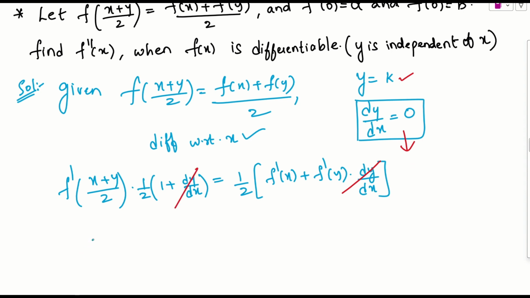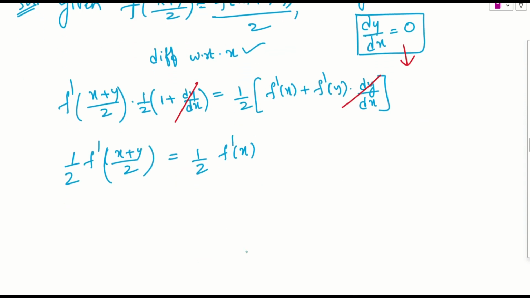So I can say f dash of (x plus y) by 2, with 1 by 2 into 1 being 1 by 2 alone, must be equal to 1 by 2 into f dash of x, since the whole term is removed. I think up to now everything is clear, right? So I can simply cancel 1 by 2 on both the sides. Is it okay? So finally I'll be getting f dash of (x plus y) by 2 must be equal to f dash of x.